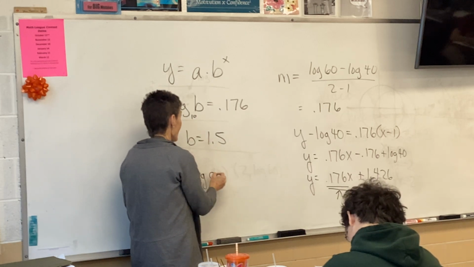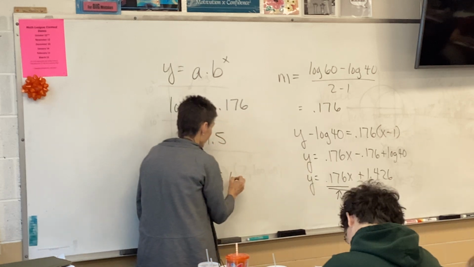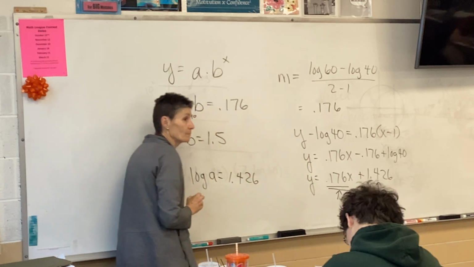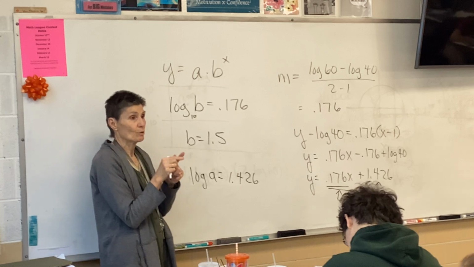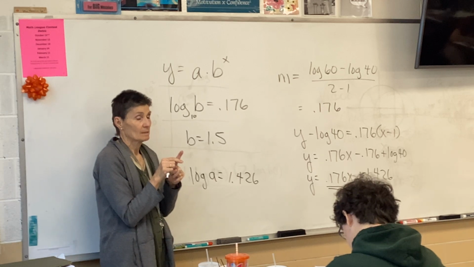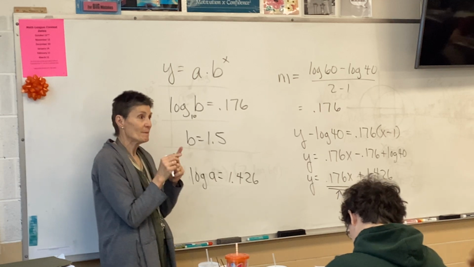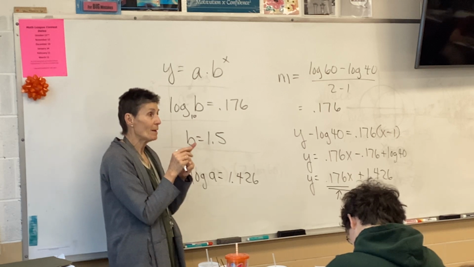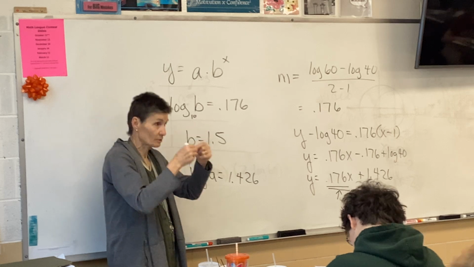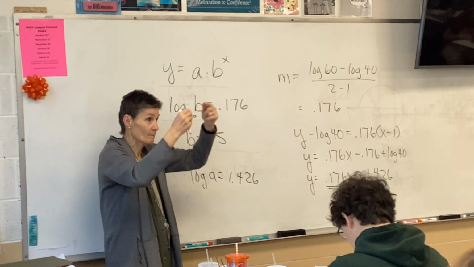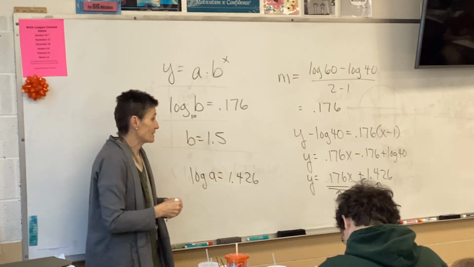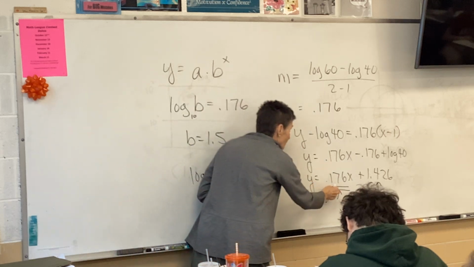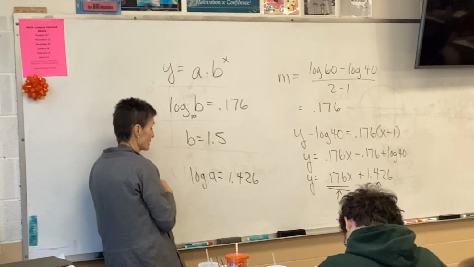The log of A is that number. So the slope gives you your base, which kind of makes sense because the slope is the rate of change. And the base is what you keep multiplying by to get from term to term, that's your change. So it makes sense that the B would come from the slope.